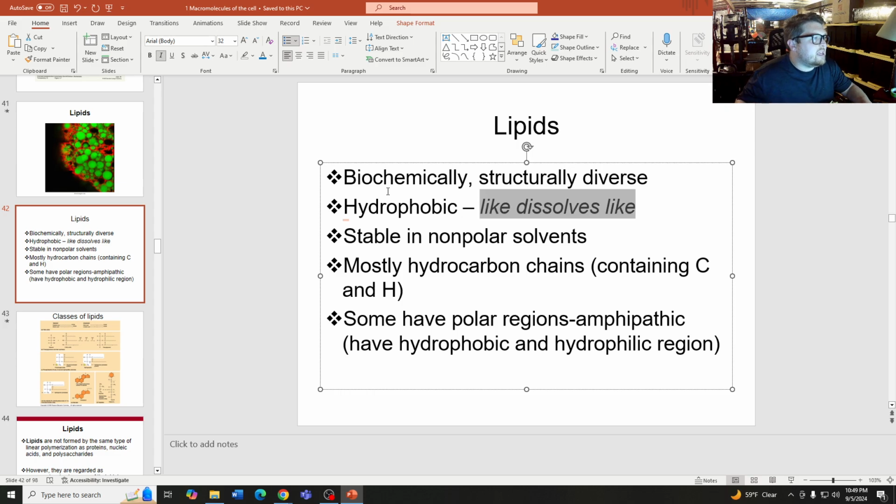What this means is oil and water don't mix, okay? Fats will dissolve in fats. Water stuff will dissolve in water stuff. So like globular proteins, they're water soluble. That's because they are going to be hydrophilic.